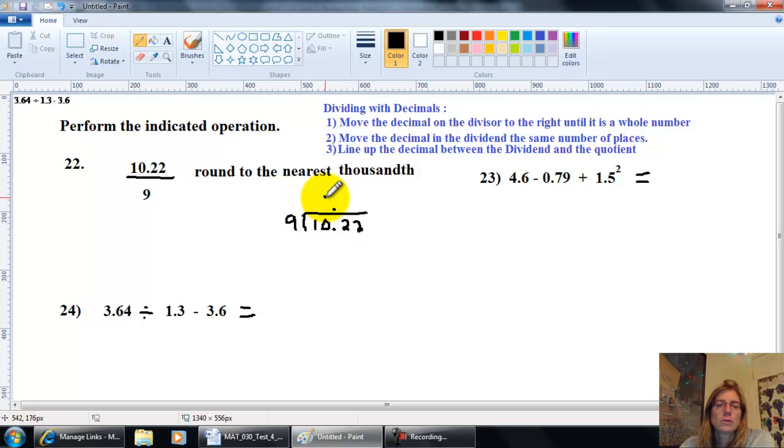9 into 10 goes 1 times 9. It's 9. 10 minus 9 is 1. And it's just like normal. Ignore that decimal point sitting there. We'll just bring down the 2. 9 into 12 goes 1. And bring that down. 12 minus 9 is 3. And let's bring down the 2.